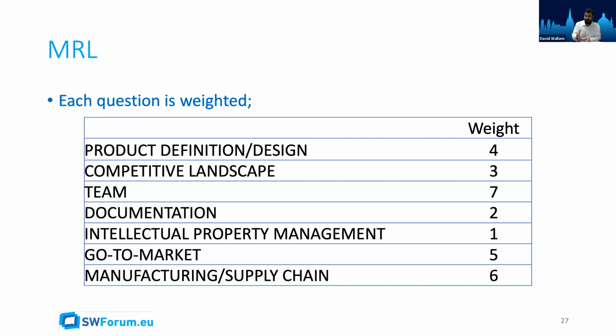To recognize that, we introduce these weightings. You can see here that we consider the team and the makeup of the team to be the most important criteria in the MRL. And we define the intellectual property management as the least important, so as the lowest weighting.